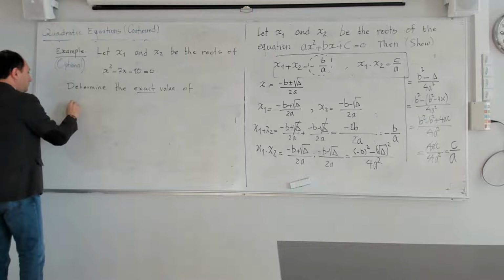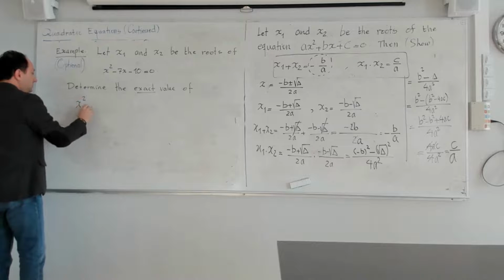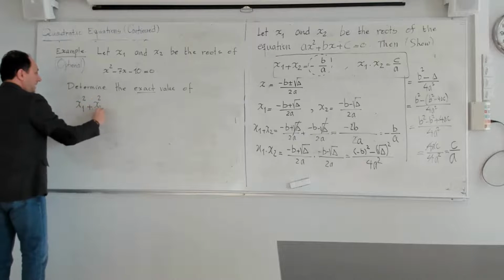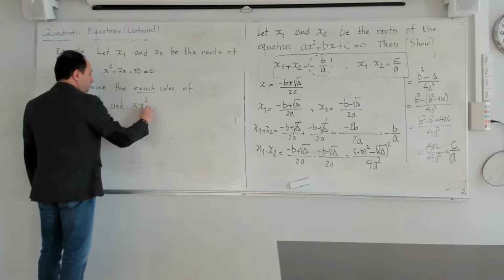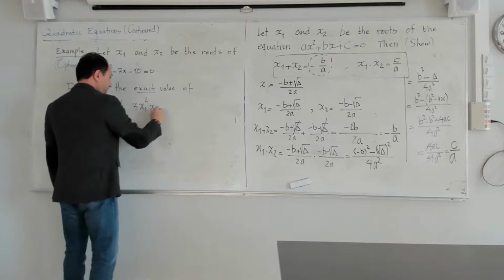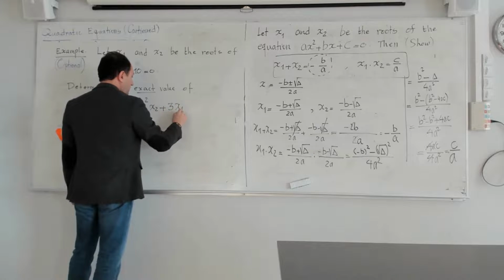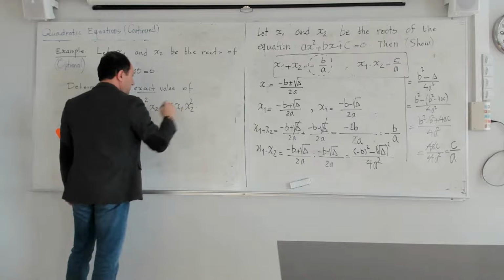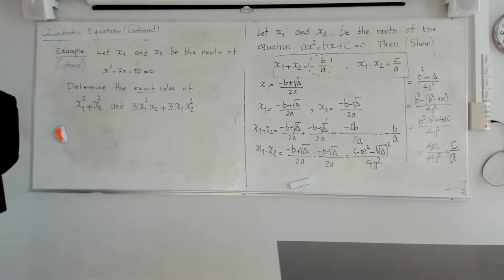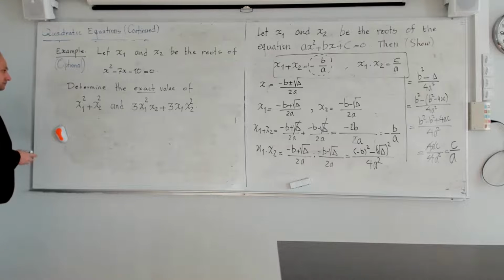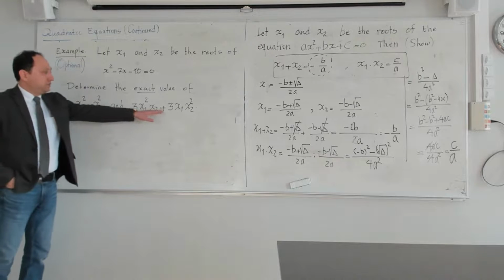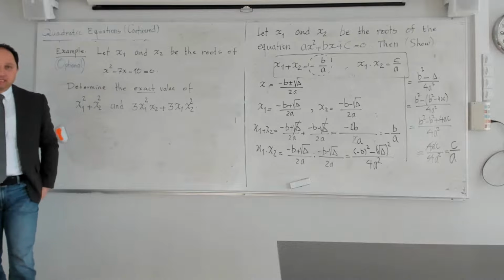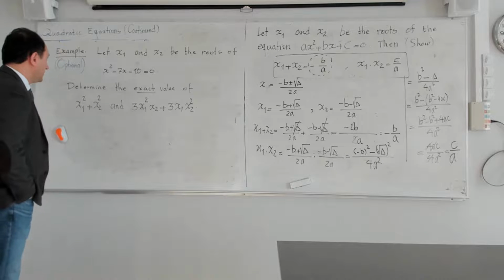For example, let me write one for you. x1 to the 2 plus x2 to the 2, and 3 x1 to the 2 multiplied by x2 plus 3 x1 multiplied by x2 to the 2. And this seems harder, but I think the second one is simpler. I want to hear a little bit from you, okay?